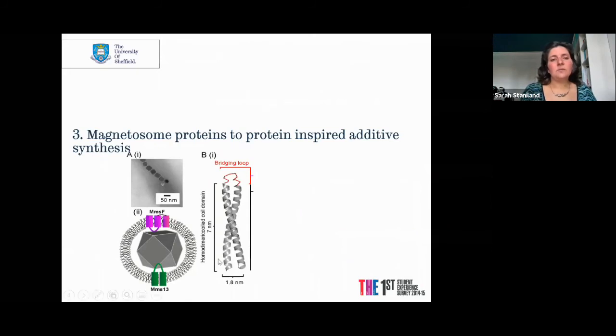The third area I want to talk to you about is where we might look at the proteins that the magnetosomes use to form, the biomineralization proteins, and see if we can gain inspiration to make additives for this process.